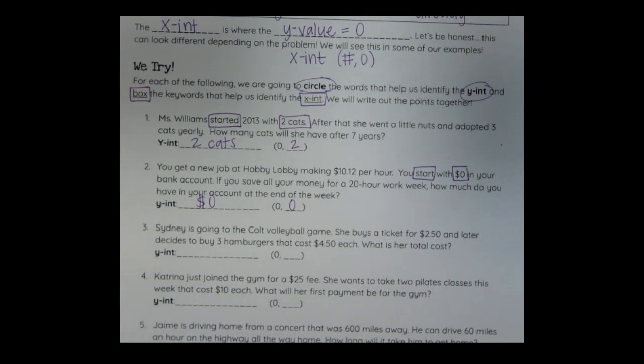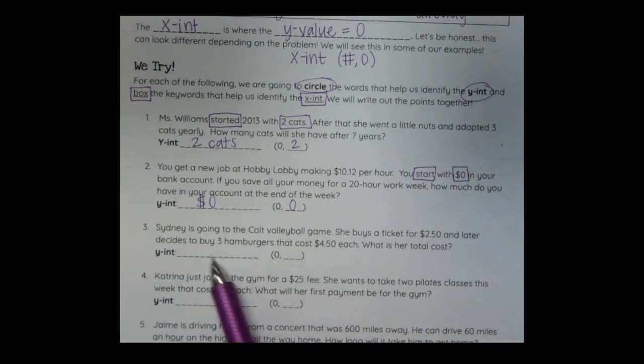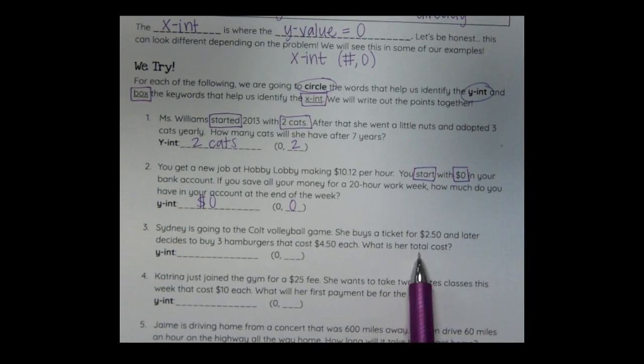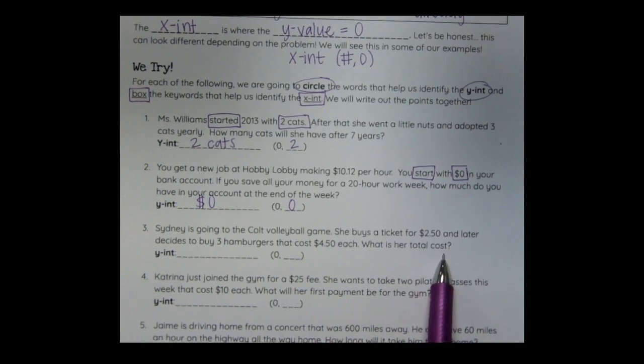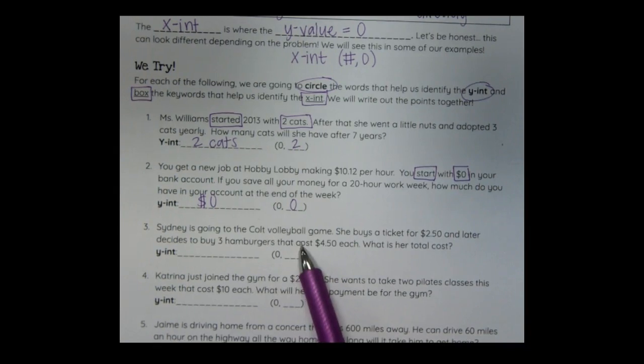Number 3, Sydney is going to the Colt volleyball game. She buys a ticket for $2.50 and later decides to buy 3 hamburgers that cost $4.50 each. What is her total cost? So on this one, I don't see any keywords here. I don't see start, begin, fee, already. So let's think about what happened when she got to the volleyball game. To get into a volleyball game, you have to buy a ticket.